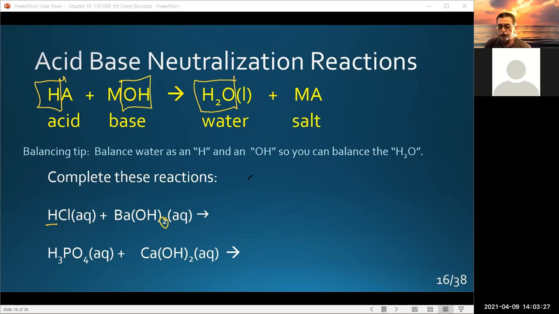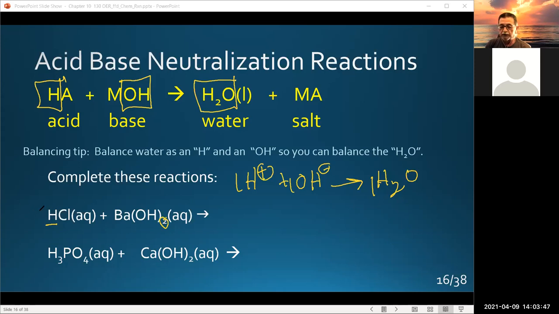Normally, as I stated, 1 proton plus 1 hydroxide, it's a 1-to-1 relationship, gives me 1 water. Okay? 1, 1, 1. All right, I've got 2 hydroxides. That means that I need 2 protons.